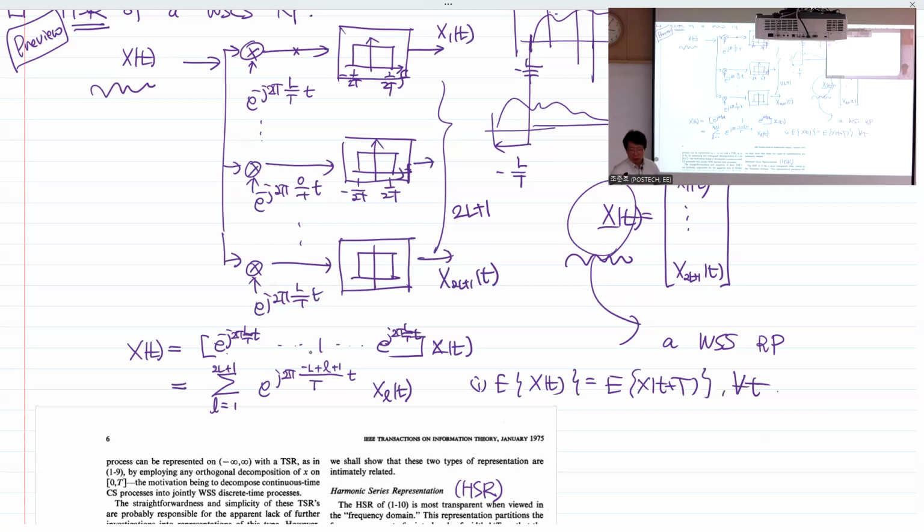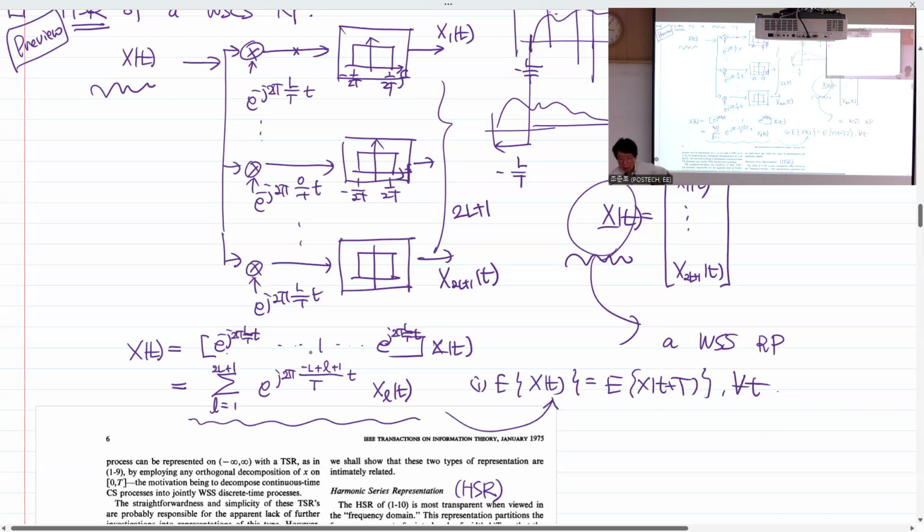Anybody? So here we plug this in here. Then what happens? We assume that each component random process is wide-sense stationary, which means that the expectation of the component random process is constant. So you have what?